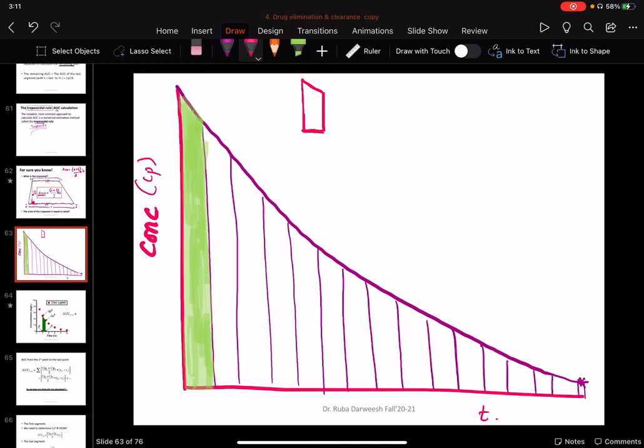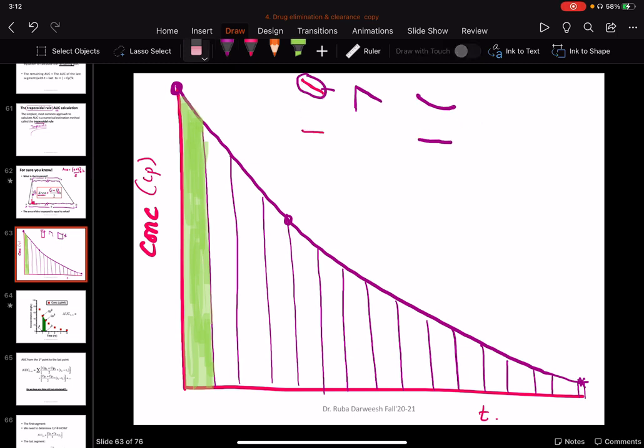If we take as many trapezoids as we can under the profile, this part of the profile would be what? Linear. Otherwise, if I take it from here to here, let's say, it would be a curve, so it wouldn't be a trapezoid anymore. So to be accurate, we need to divide the area under the curve into as many trapezoids as we can.